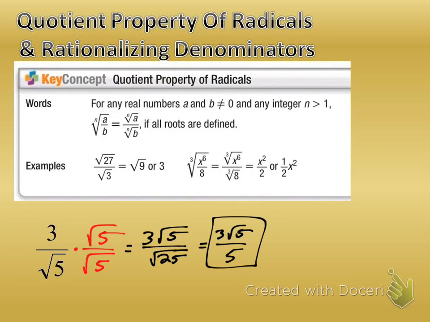Answer. You rationalized. Congrats. You've successfully gotten the radical out of the denominator. And that's the goal, right? That's what the problem says. You can't have a radical in the denominator. We did something to get it out of the denominator. Good for us.